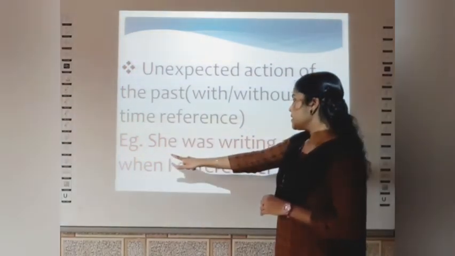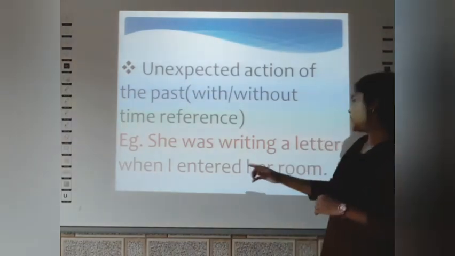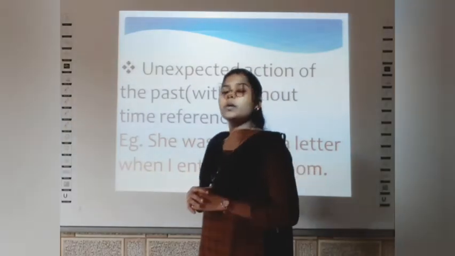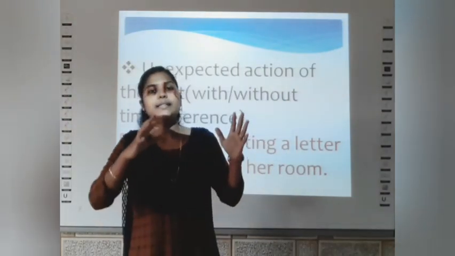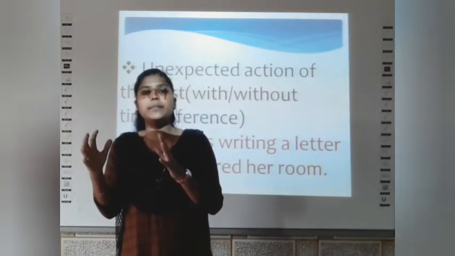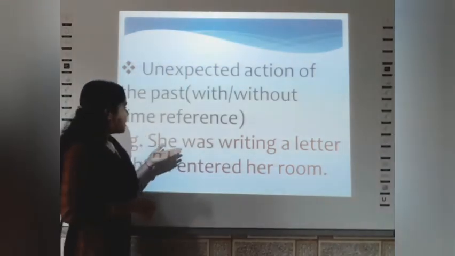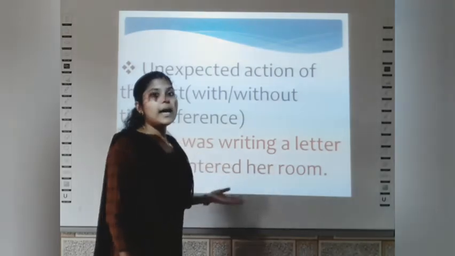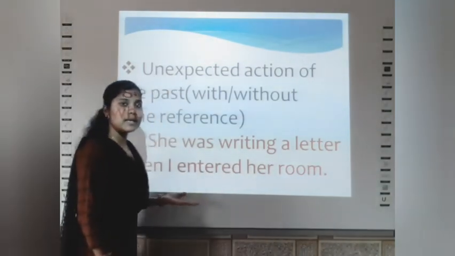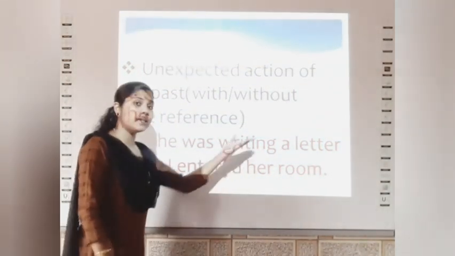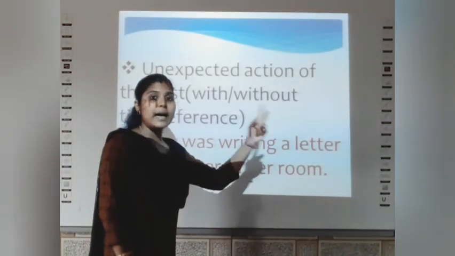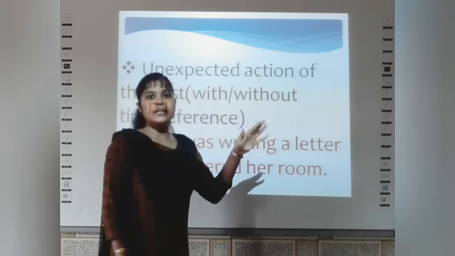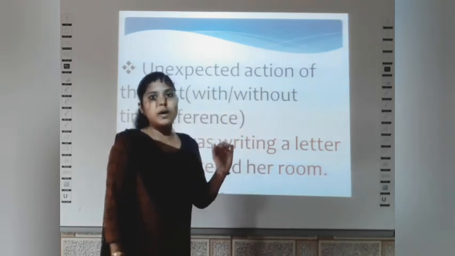For example, she was writing a letter when I entered her room. When I entered her room, it is a past action. When I entered her room, already another action was in progress, another action was going on there.